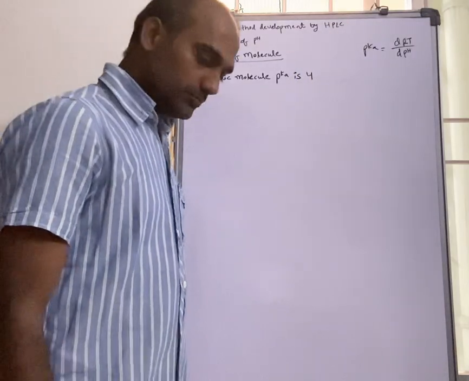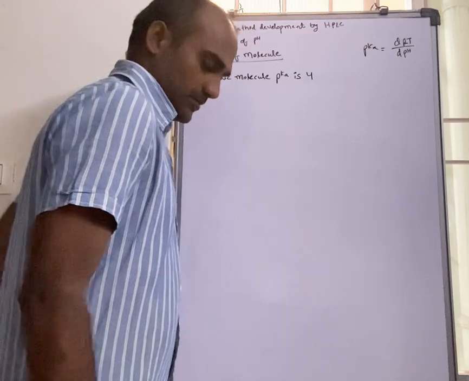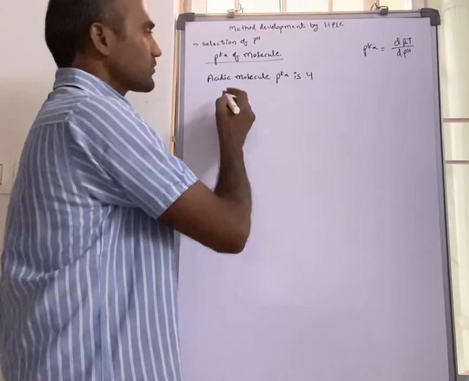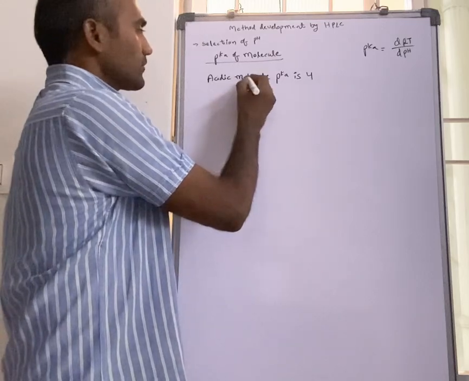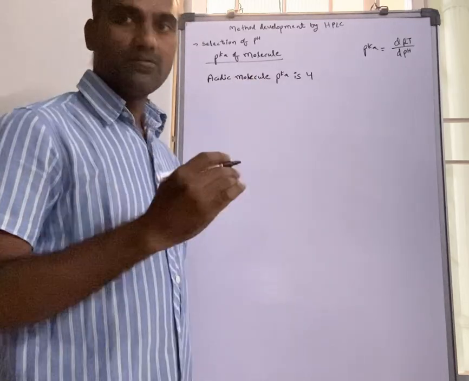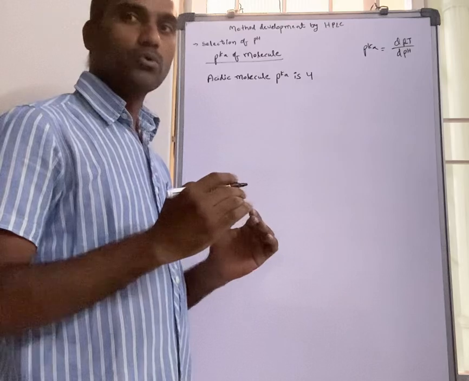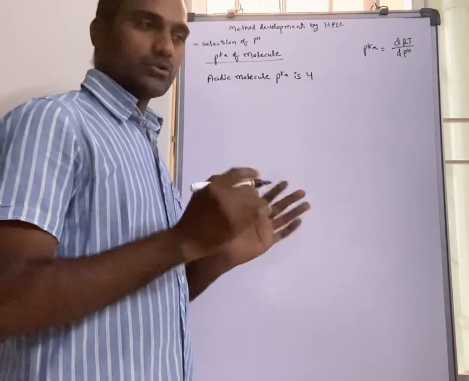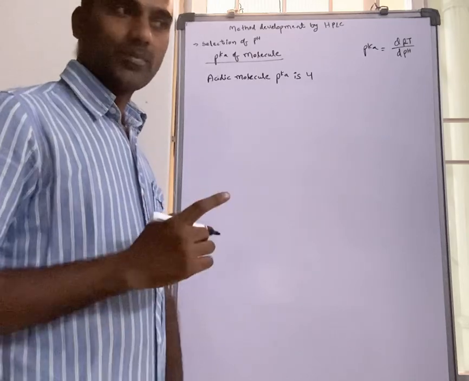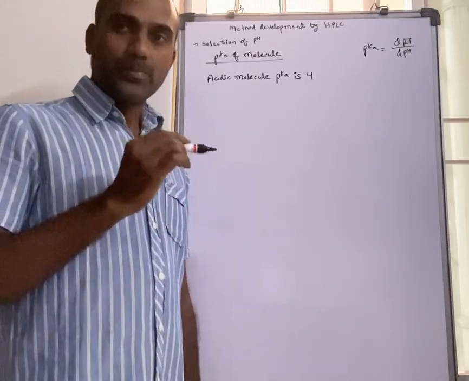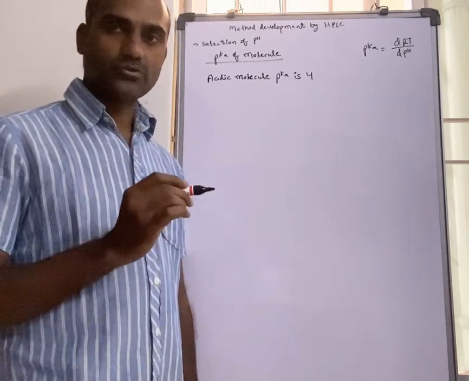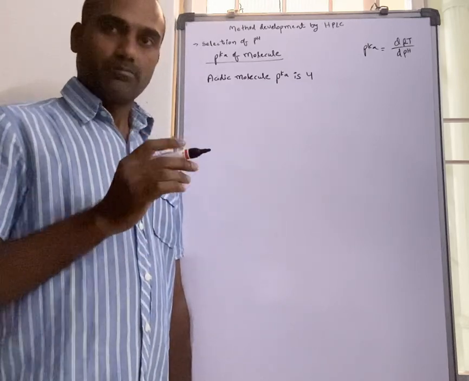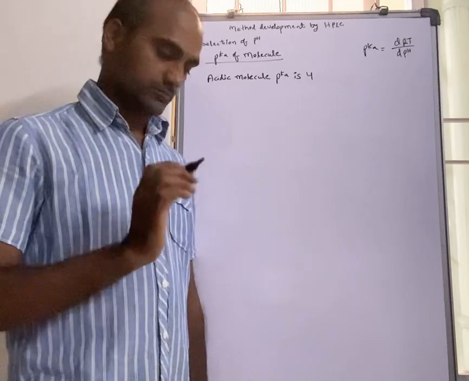There is one rule: the pH of the mobile phase should be 2 units away from the pKa of the molecule. Again I will repeat, the pH of the mobile phase should be 2 units away from the pKa of the molecule.